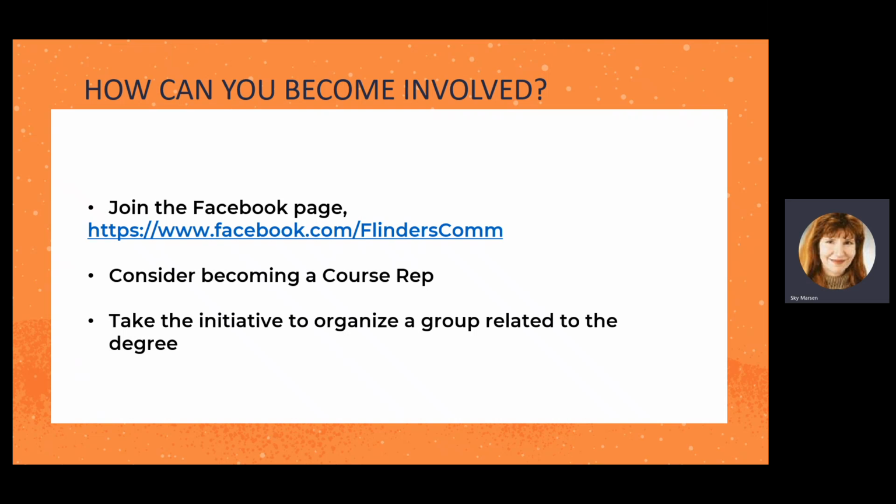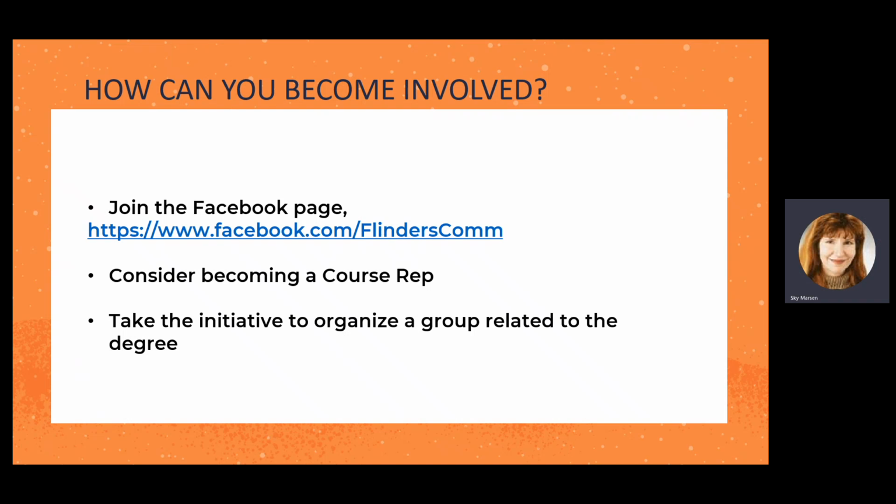There are also opportunities to contribute in the leadership of the degree. You could consider becoming a course representative, course rep, and you will get more information about this. That allows you to attend meetings and get specialized training by the Student Association.